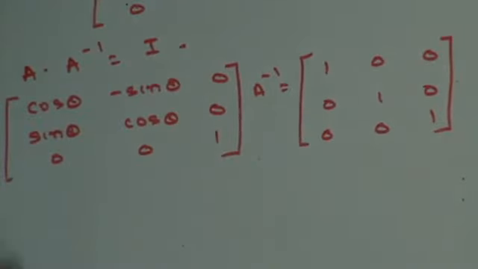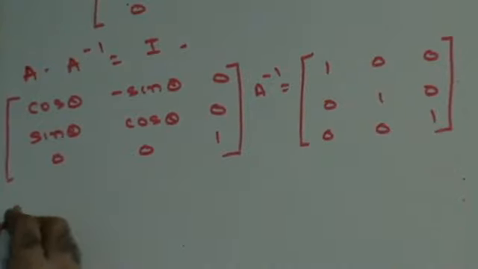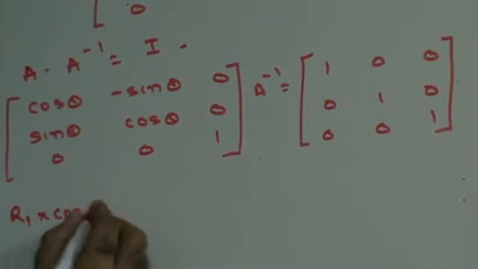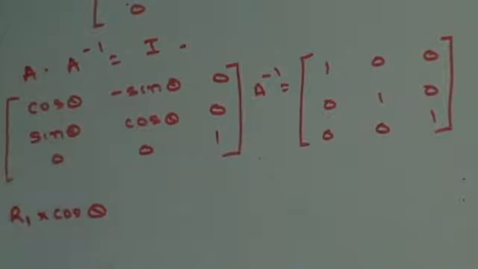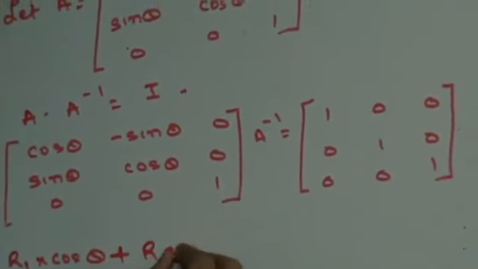Now, I need to make the number in the first position as 1. How do I do that? We know that sin square theta plus cos square theta is 1. So I can say R1 into cos theta, I already have a cos theta here, multiplied by cos theta that becomes cos square theta, plus R2 into sin theta, which gives sin square theta.